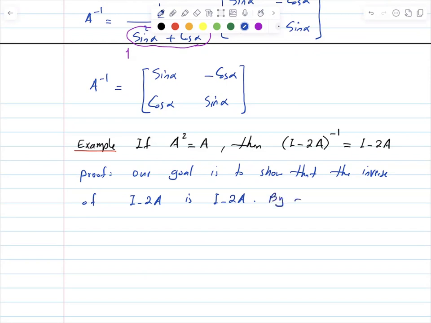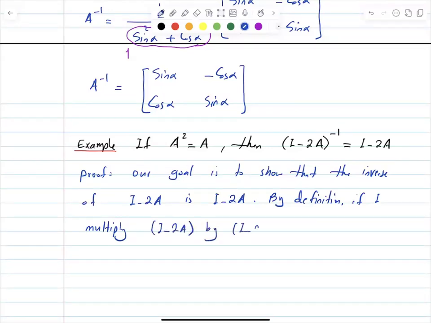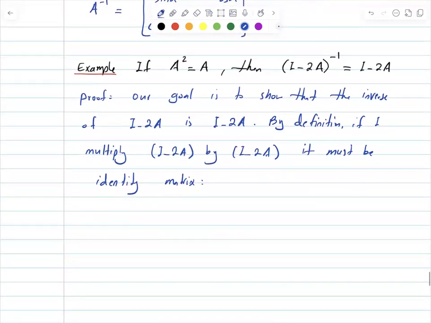By definition, if I multiply I minus 2A by I minus 2A, it must be equal to the identity matrix. So let us begin.